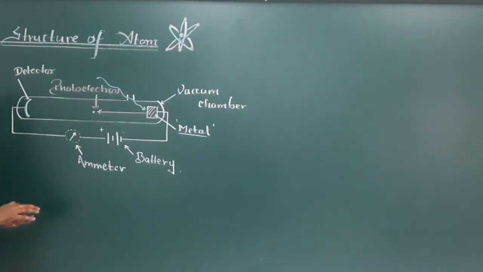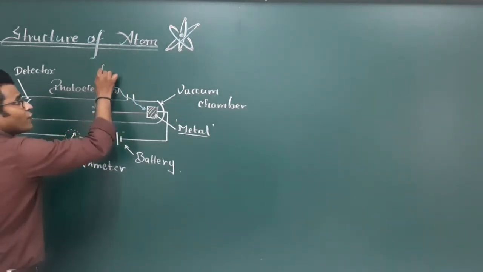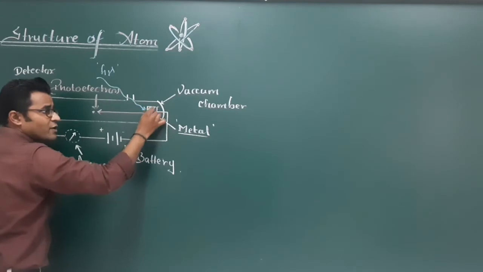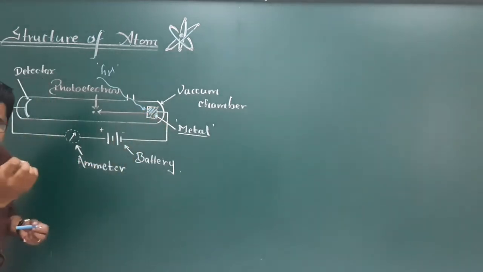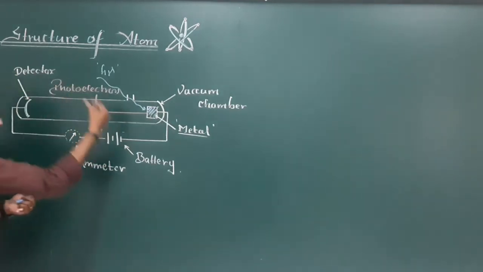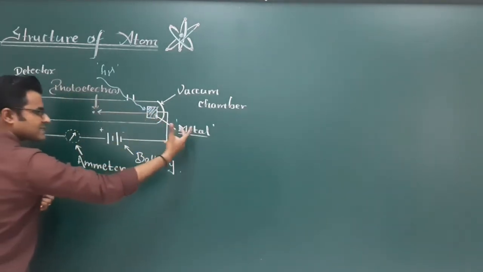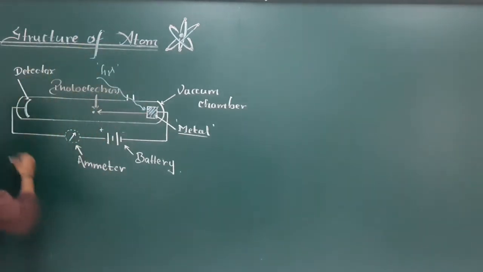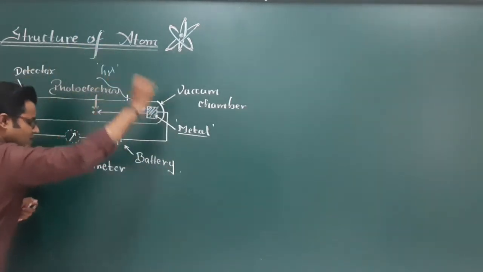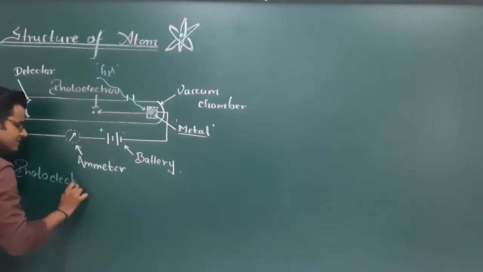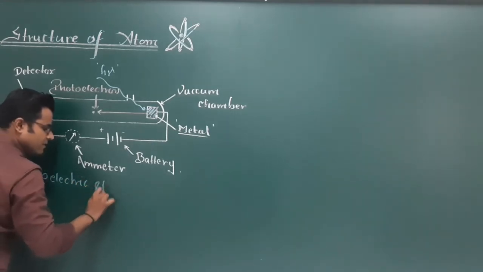So what is happening? A radiation of suitable frequency is incident on the surface of a metal, and this metal is giving out an electron. This electron which is coming out from the surface of the metal, we call a photoelectron, and this entire concept we call the photoelectric effect.